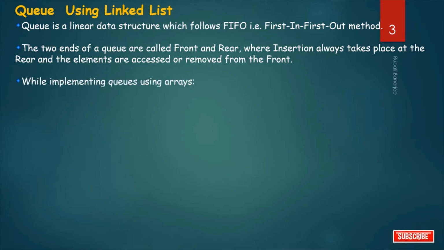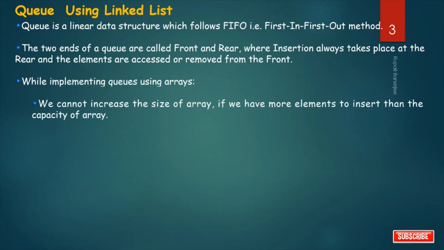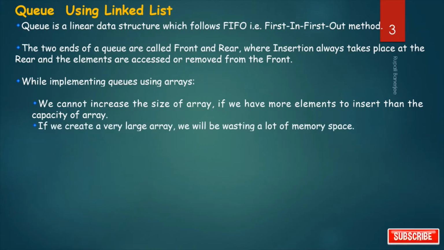So what is the disadvantage of implementing queues using arrays? Here we cannot increase the size of the array if we have more elements to insert than the capacity of the array. If we create a very large array, we will be wasting a lot of memory space.